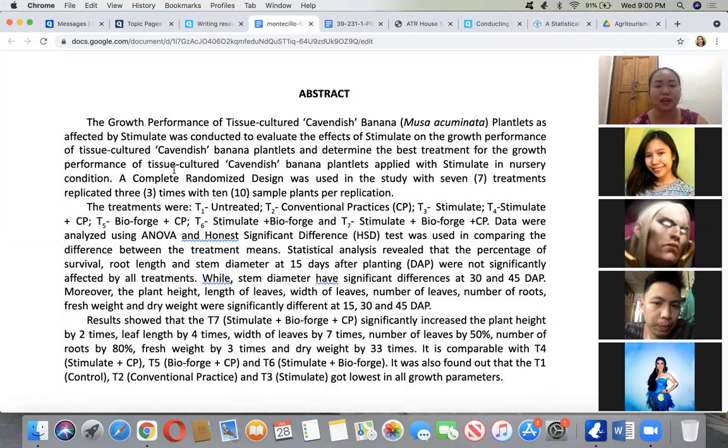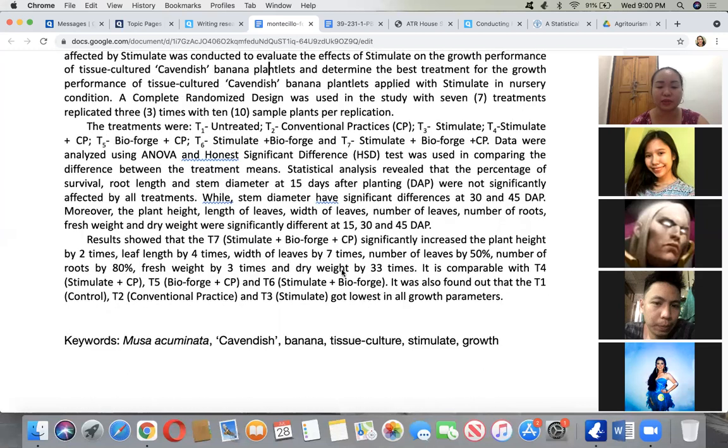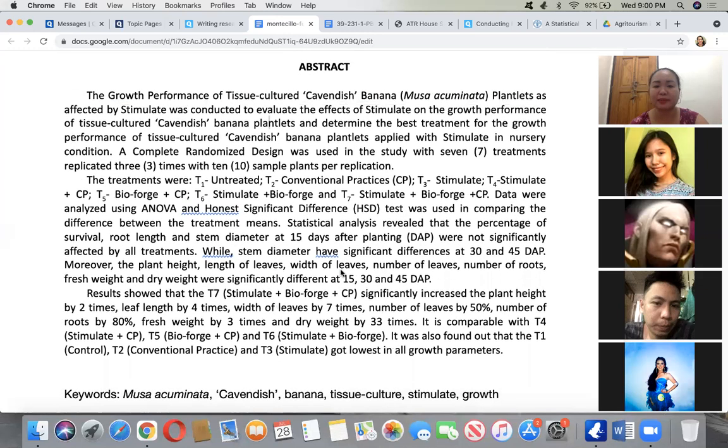And also what methods you use and your treatments, of course, and how you analyzed the data, and what the data are. And then the results. So not necessarily will you have a conclusion in your abstract. Most abstracts will just be in one paragraph form, especially if it's a review paper.